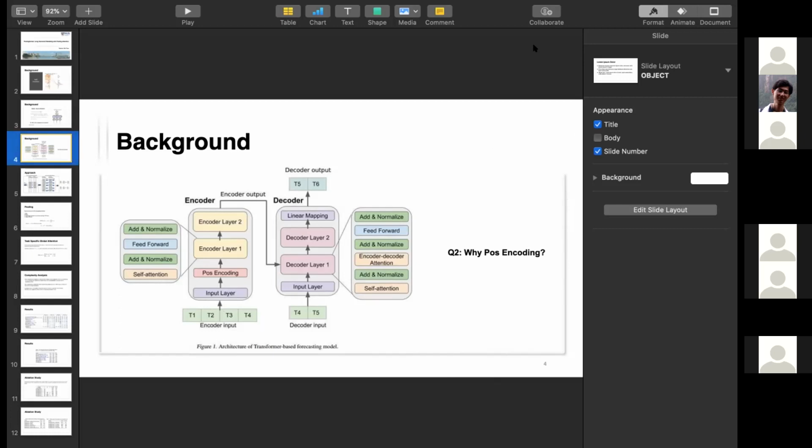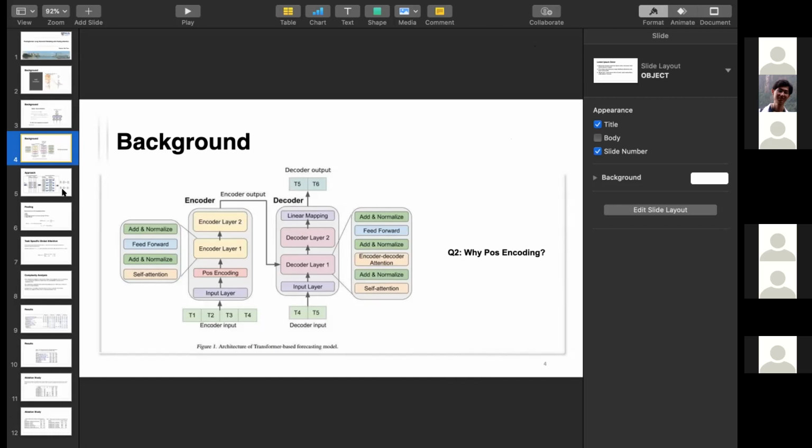For example, if 早上好 becomes 好早上, the meaning of the sentence completely changes. So we need to add positional encoding into our model. Second, unlike a sequential model, attention does not incorporate this information itself, so we need to add it. Yeah, correct. Very good question, very good answer.